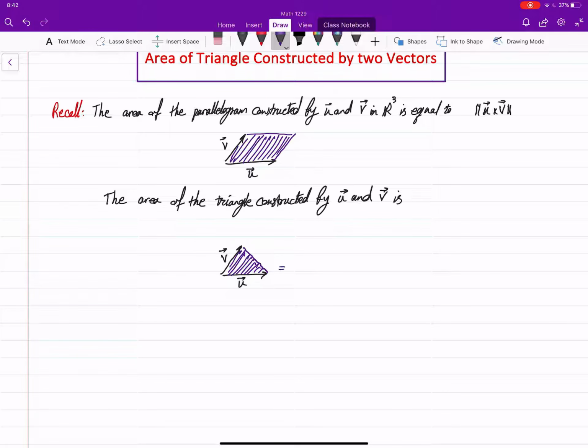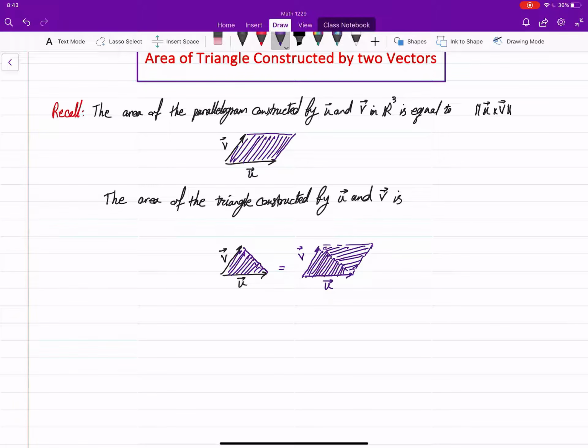But that triangle is actually just half of the parallelogram constructed by u and v. Just consider this piece here, and that triangle has the same area as this one.